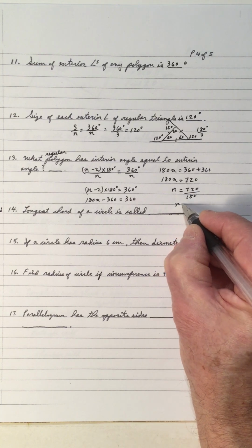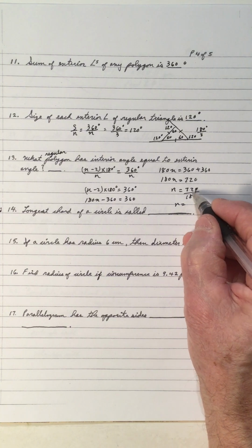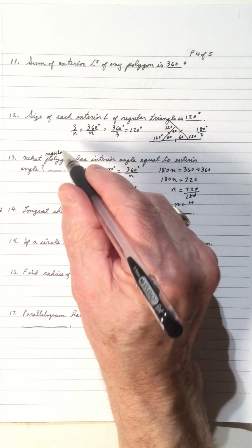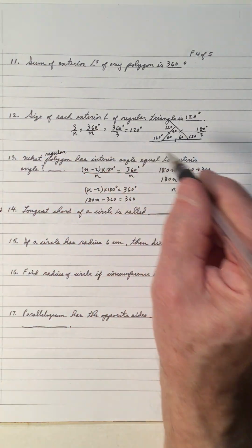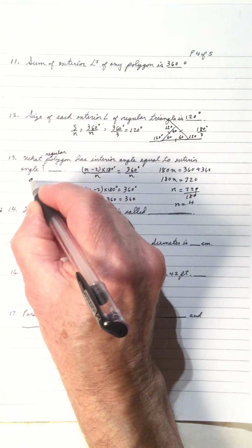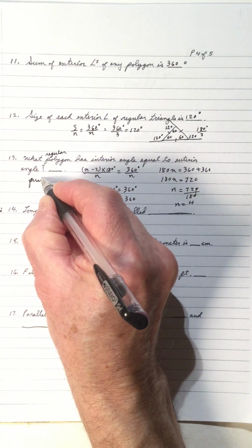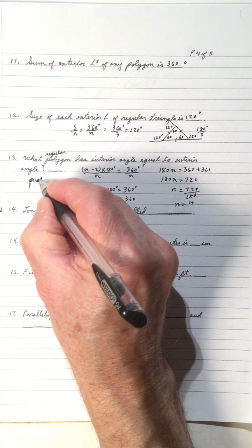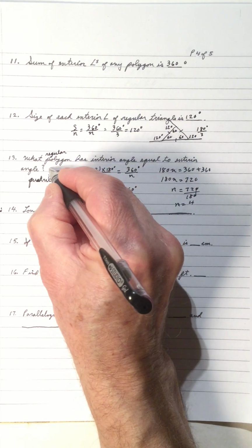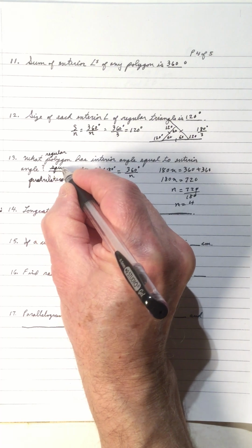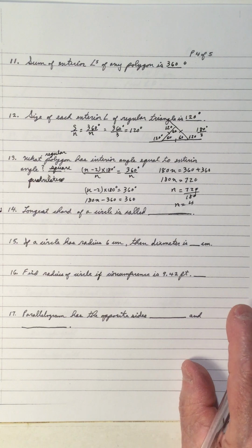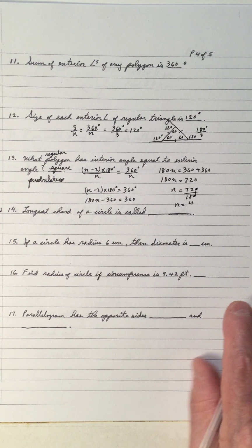So n is 4, that's 4 sides. So we could say quadrilateral, and another name for that is also a square. So the regular polygon that has interior angles equal to the exterior angles is a square.